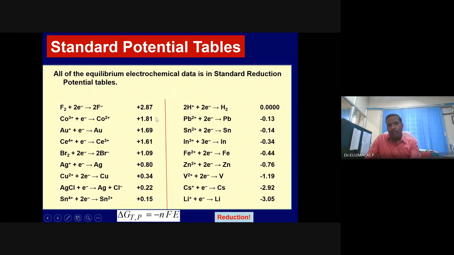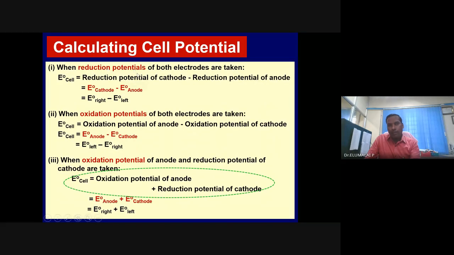For example, if you want to construct a battery with fluorine and cesium, or gold and zinc, you subtract the reduction potential of the anode from that of the cathode.